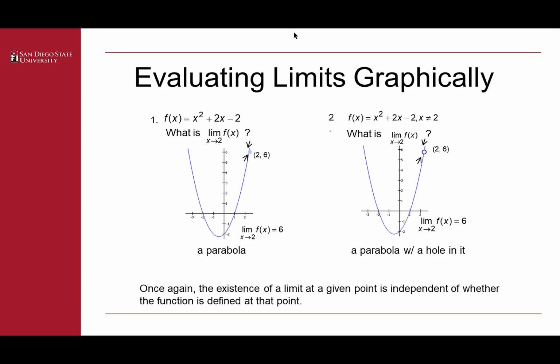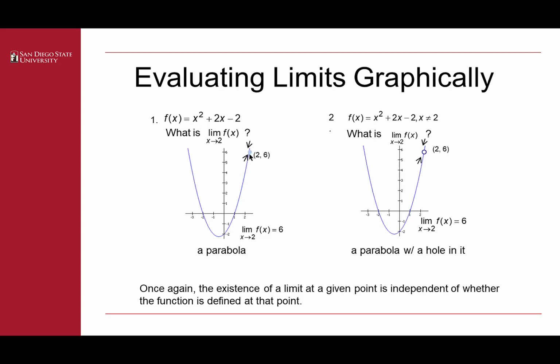And on the graph, if we try to approach the point where x equals 2 from either side of the parabola, we observe that the value of the function, which is the value on the y-axis, approaches 6.